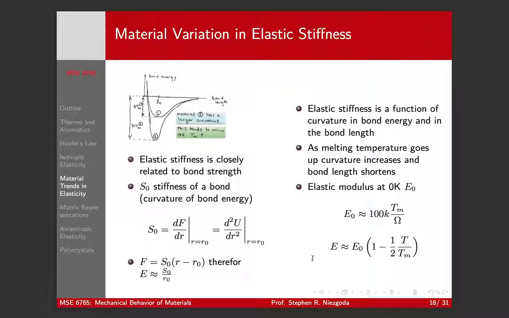If you play with this relationship, the Young's modulus doesn't change much at low homologous temperatures, right? So going from room temperature to 200 C, you're not going to see a huge change in your Young's modulus. It's not until you approach a homologous temperature of 0.5, when you get half of melting temperature and above, you start to see changes, and then when you get really close to the melting temperature, your drop-off in Young's modulus becomes pretty significant.